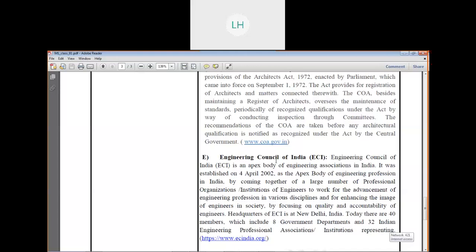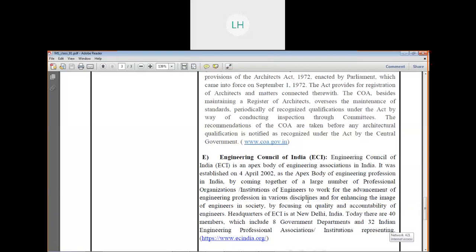Same thing will be learned from this subject. That's why this subject is introduced to you: whatever the objective of this council is, the same is the objective of this course.